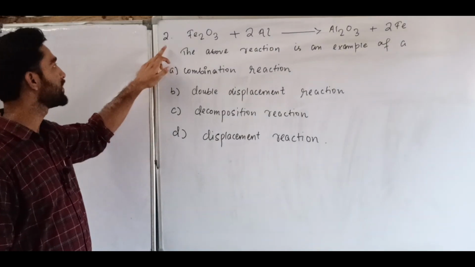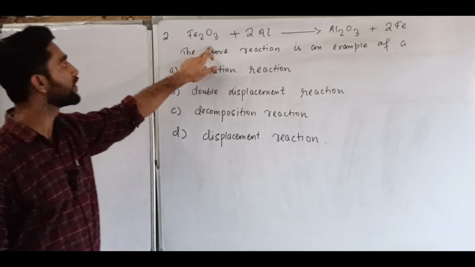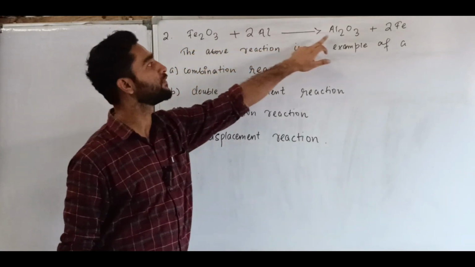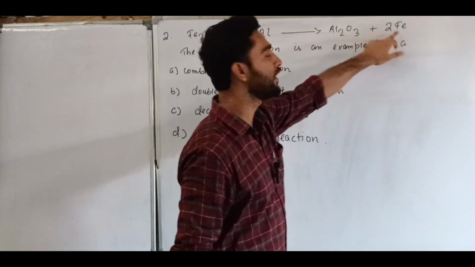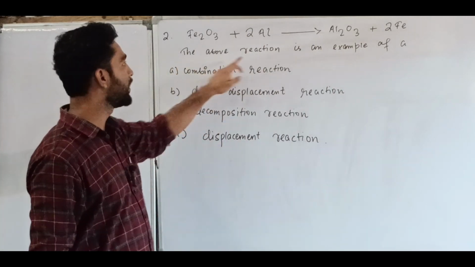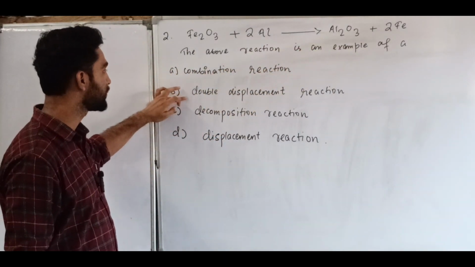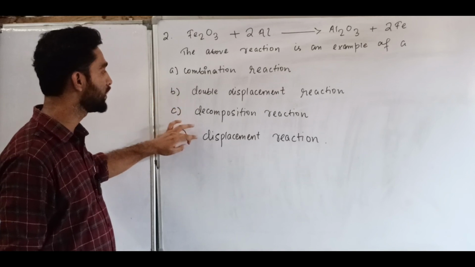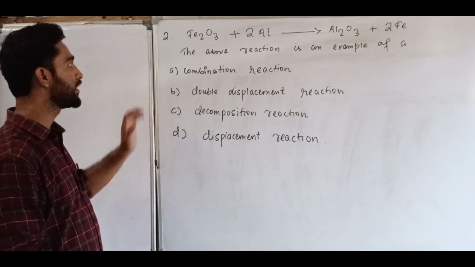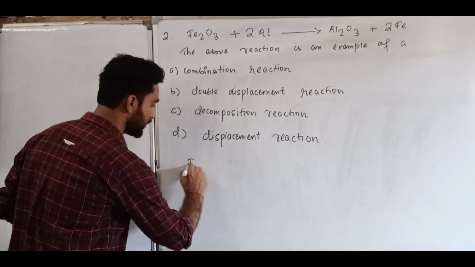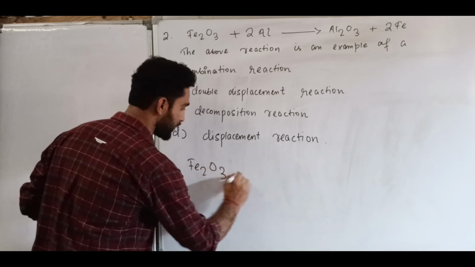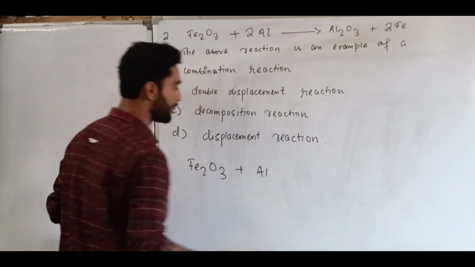Now let's see question number 2. Iron oxide reacts with aluminium. They form aluminium oxide and iron. The above reaction is an example of which reaction: combination, double displacement, decomposition or displacement? Here we clearly see iron oxide reacts with aluminium.